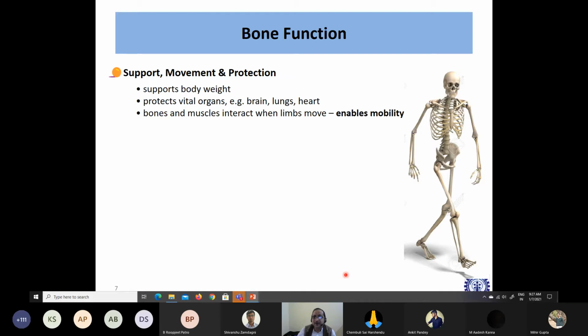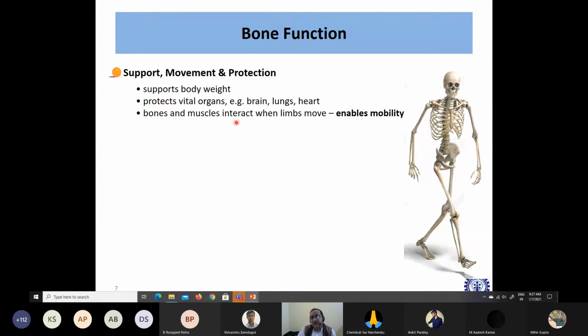You can see in the photo here, there is a rib cage which houses very vital organs like the lungs and the heart. The skull houses the brain. So bone protects vital organs, and within the pelvic girdle, you can see here, you also have many vital organs.